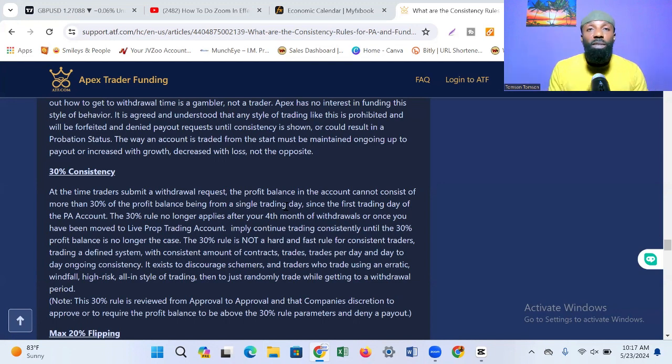Now, 30% of $10,000 is $3,000. So what that means is this: out of that money, $3,000 should not come from a single day's trade.